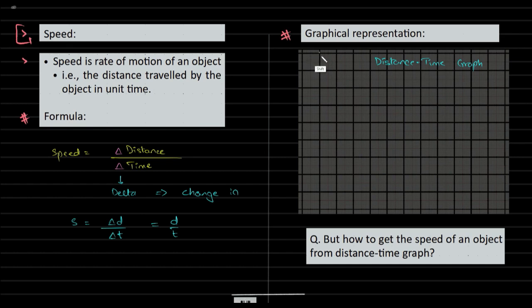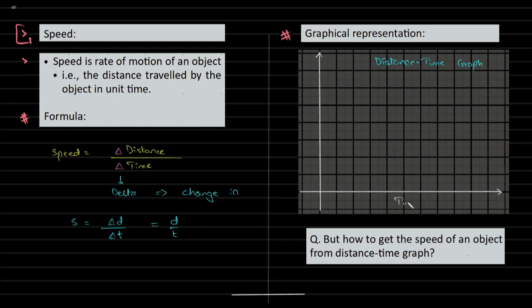You have x and y axis, wherein you have the x axis to be time and the y axis to be distance. So this is your distance time graph. Any kind of graph over here, slope and all of that would give you speed.